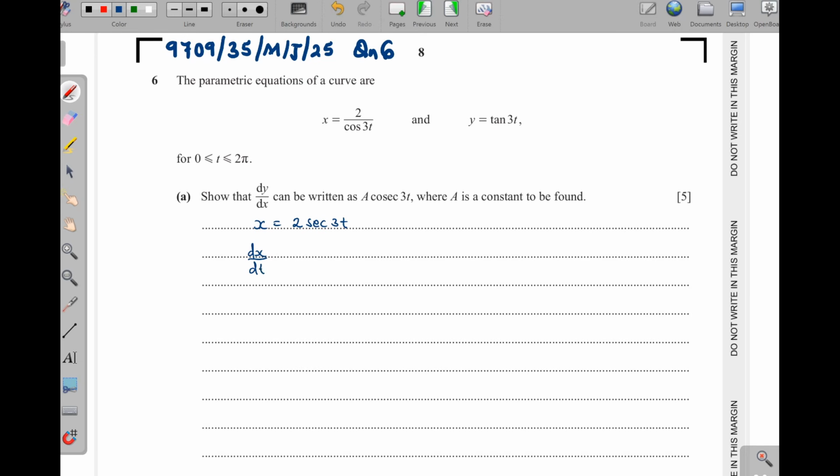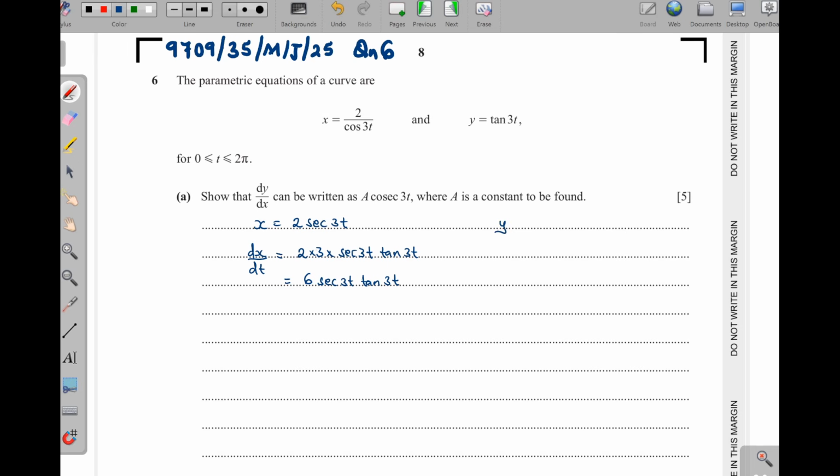You check in the list of formulae, okay? Sec tan. So we shall have 2, then times sec, then tan of that angle. But then you also have to enter and differentiate the angle, you will get a 3, then you multiply it all through using chain rule. You see that? So this implies that here we shall have 6 sec 3t tan 3t.